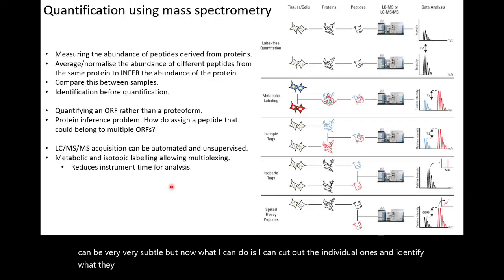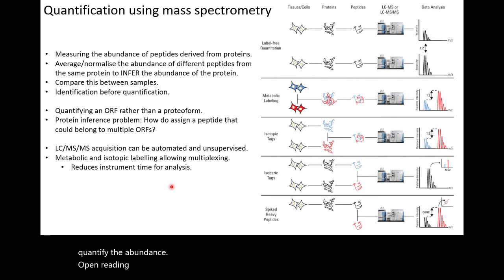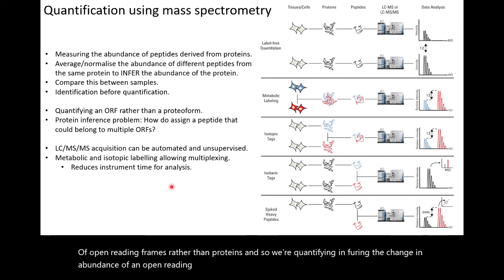With shotgun and even taking gel spots and digesting them, we quantify the abundance of open reading frames rather than proteins. And so we're inferring the change in abundance of an open reading frame through the quantification of the amount of a peptide.